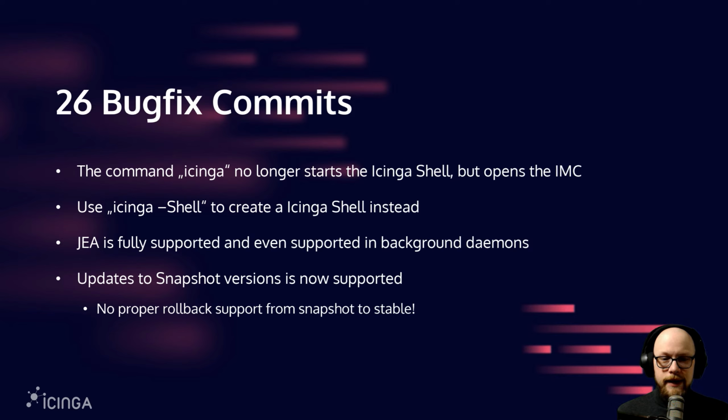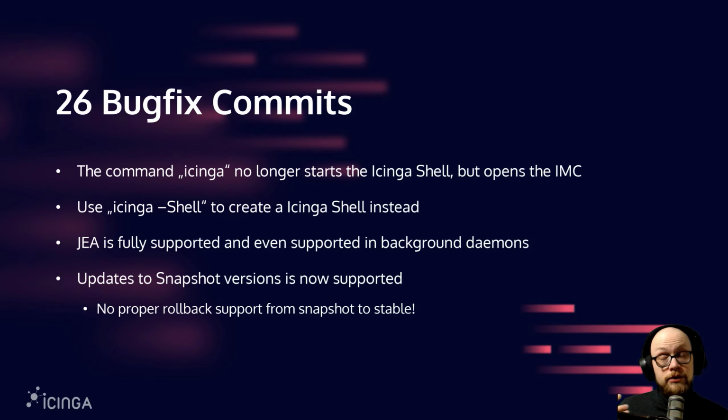What's important, there is no proper rollback support. So you should never switch from snapshot back to stable. So for example, if you install the snapshot for 1.8.0 and you do the migration tasks, of course you have the new event log handling and everything, and switching back to stable will cause problems there.